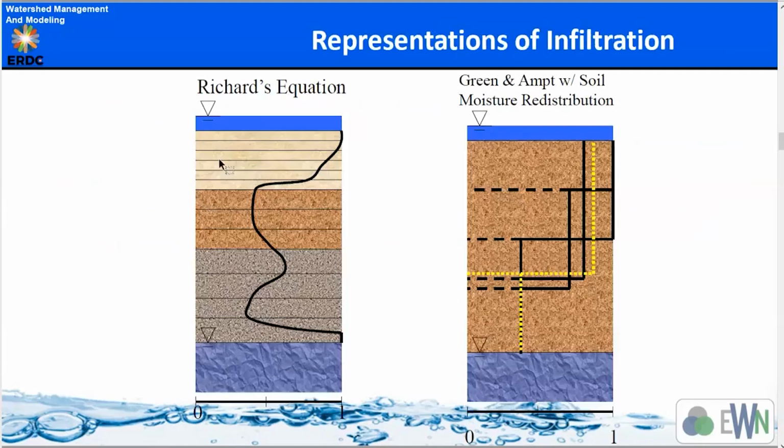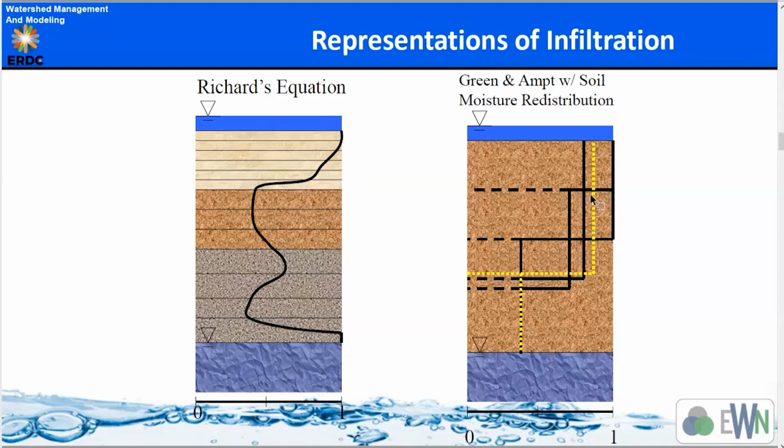On the left-hand side of the screen is the soil moisture profile. It'd be saturated at the groundwater, and saturated at the top during infiltration. And then you have a wetting front, and some old wetting fronts from old storm events. This convoluted looking picture demonstrates the different soil moisture fronts represented in a Green and Ampt model with redistribution.